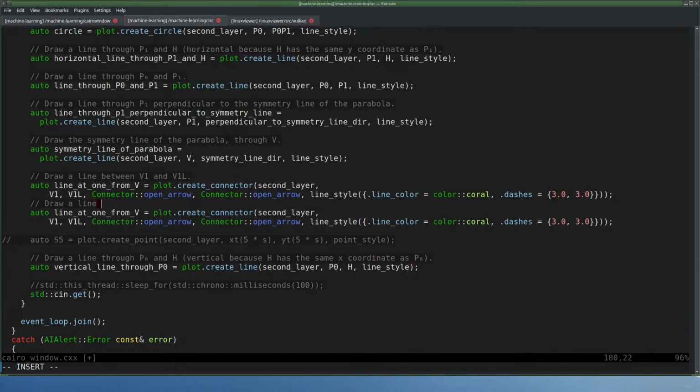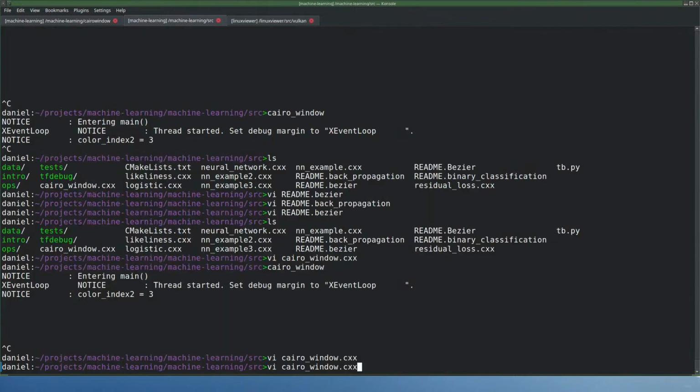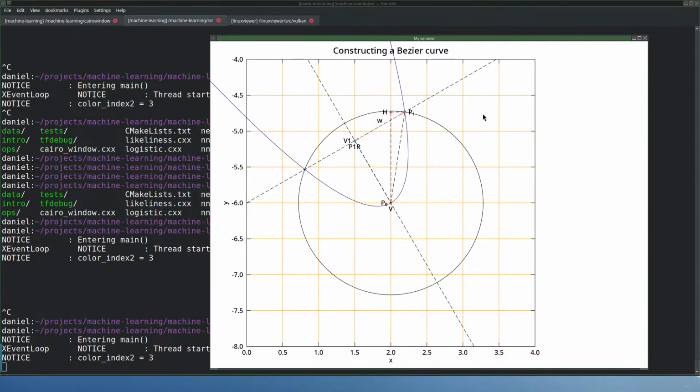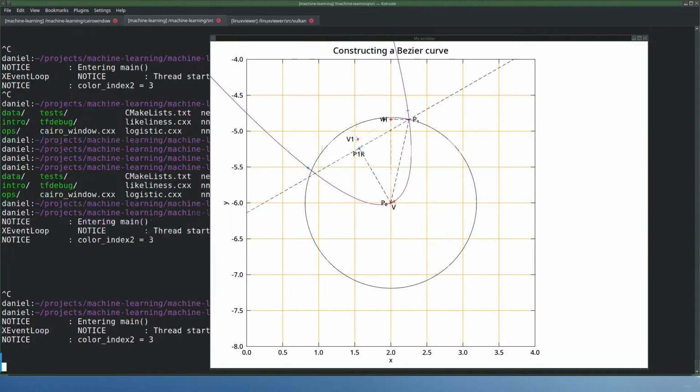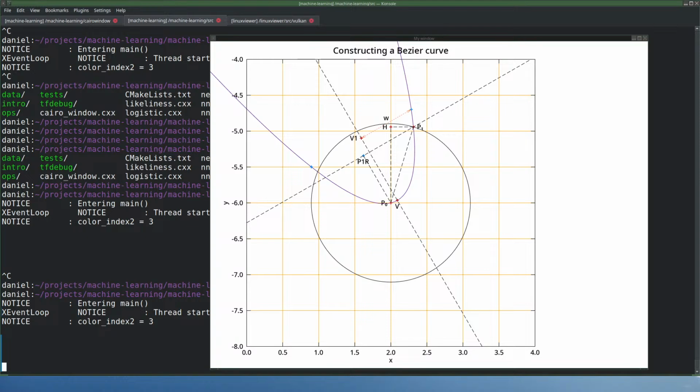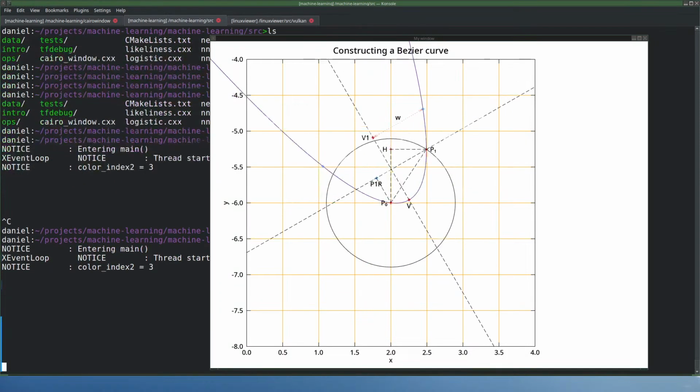Draw a line between P1, I guess, and what is it called? Doesn't have a name, I think. P1R.